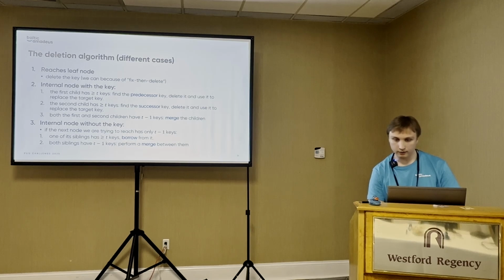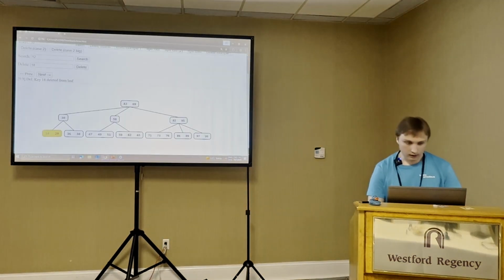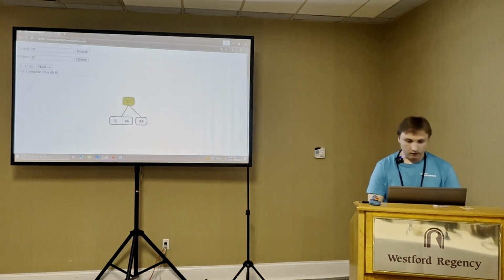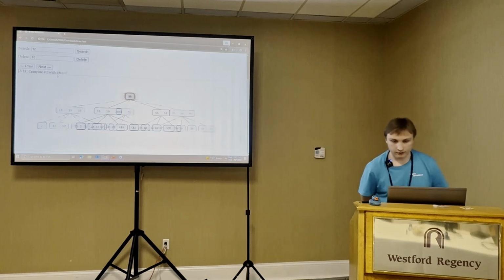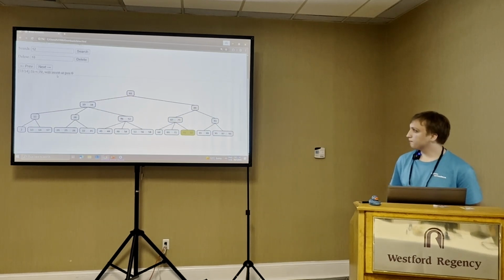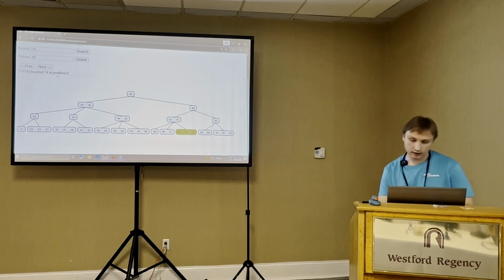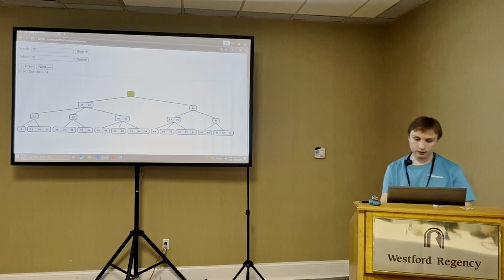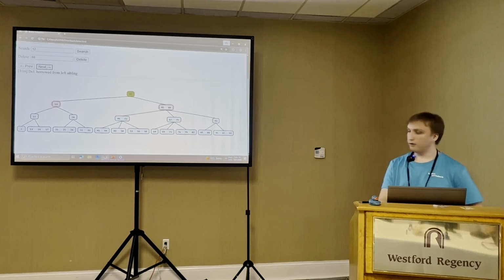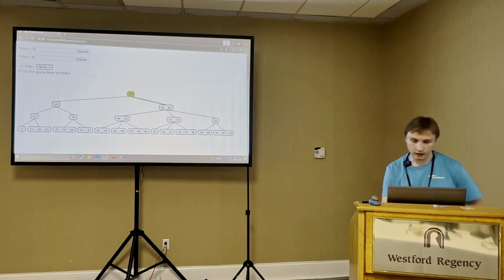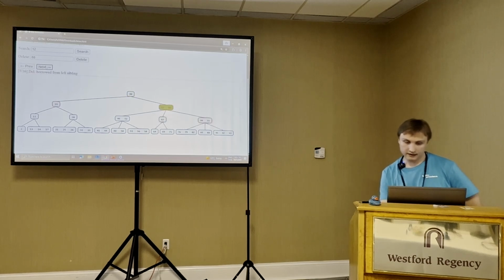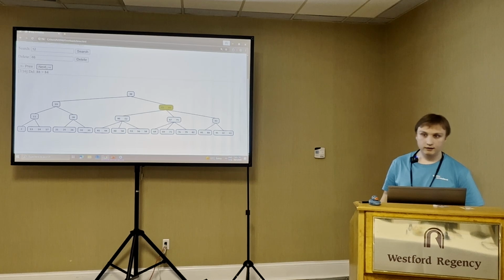I'll go back into the visual. If you have a case like this, which is the same one that I showed you in the slides, and you wish to delete, say, 88, it goes to the specific node and performs the borrowing. So it borrows from the left. Essentially, it does the same things recursively. Whenever you reach a node, you activate one of the cases.